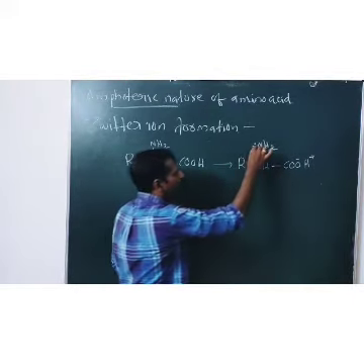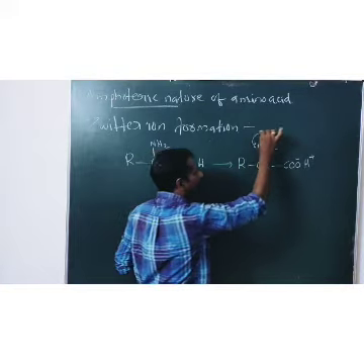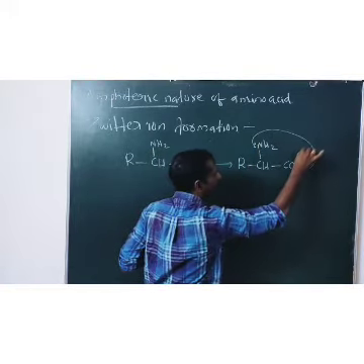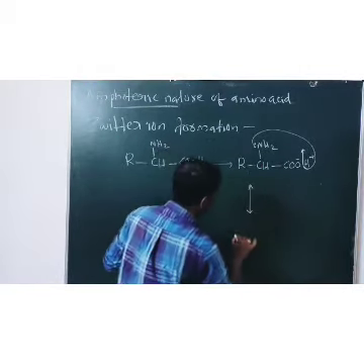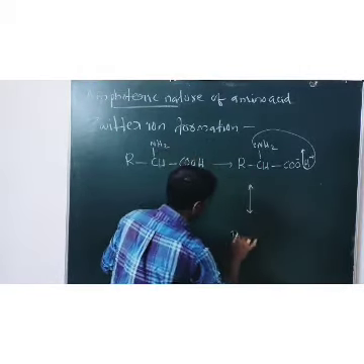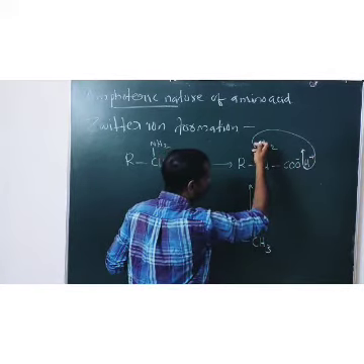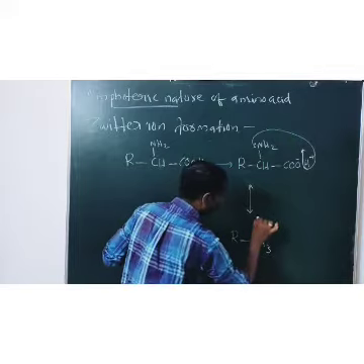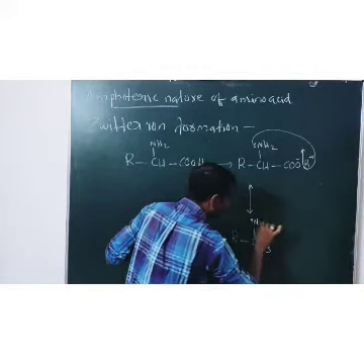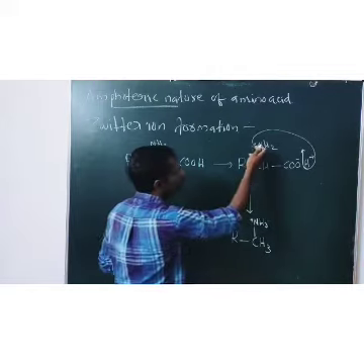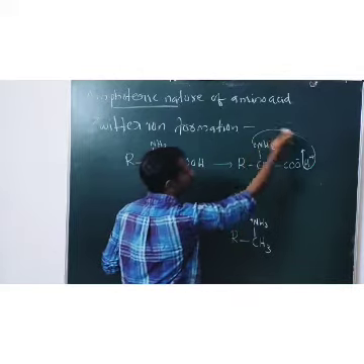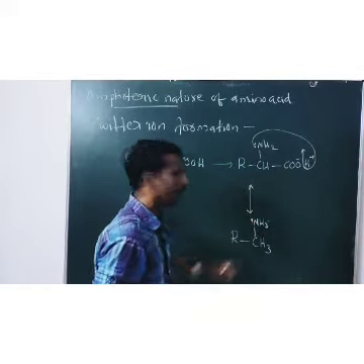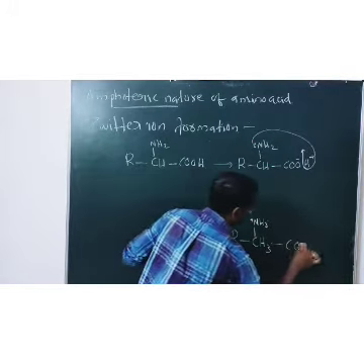This lone pair on the nitrogen atom will abstract the proton from the COOH group. Since the NH2 group is abstracting a proton using the lone pair of nitrogen, nitrogen will get a positive charge and change into NH3 plus, and this part will change to COO minus.